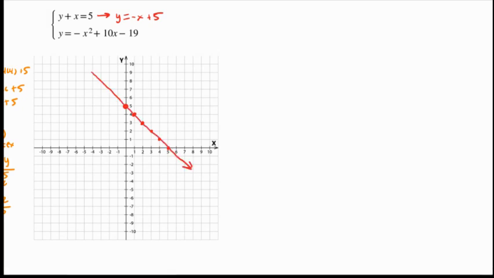And then for the second one, since it's in standard form, I use -b over 2a, -10 over 2 times -1, which is -10 over -2. So the x value of my vertex is 5. And then I'm going to plug that into this equation to get what the y value is.